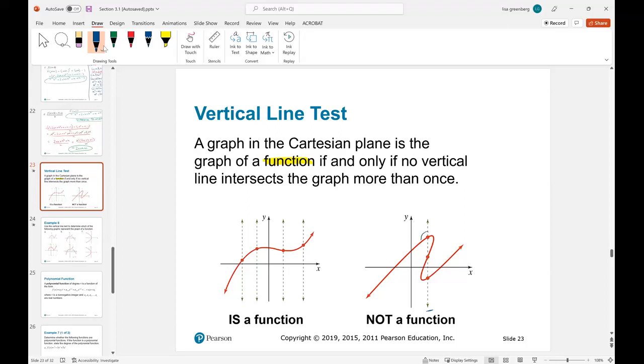This has 3 points for the same x. And remember, I said for a function, for every x, there's only one y, and we can see that for whatever that x is, there's 3 different y values, which makes it not a function. It's still a relation, it's just not a function.